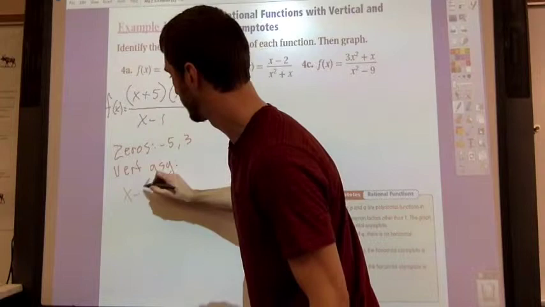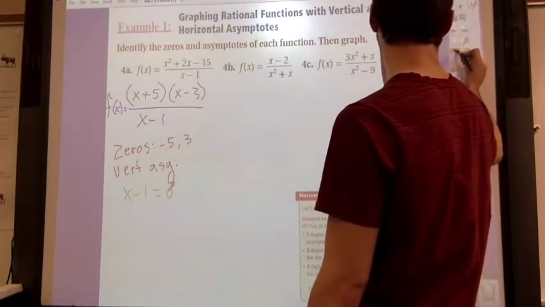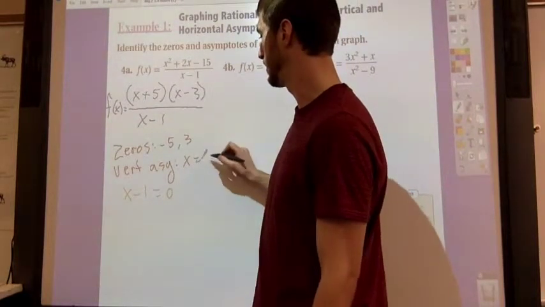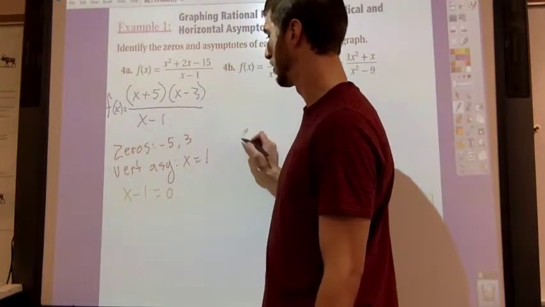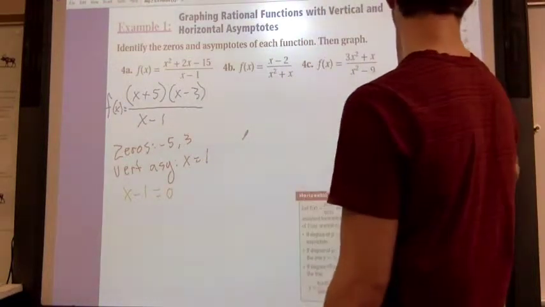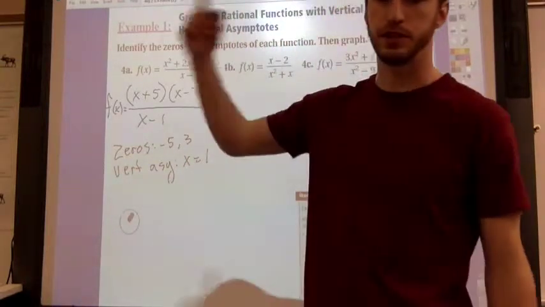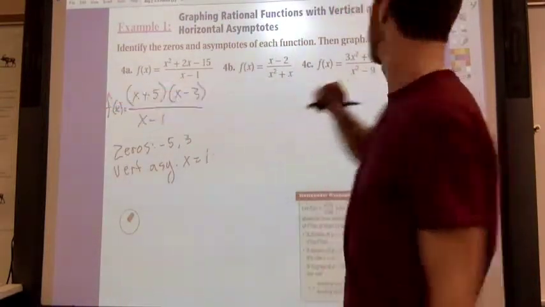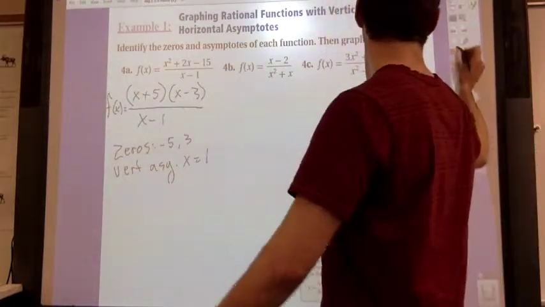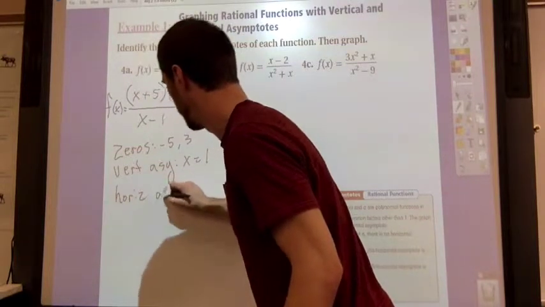We set x minus 1 equal to 0, and I'm going to have a vertical asymptote at x equals positive 1. Okay, and last but not least, and this is the thing that we just talked about a lot on the last slide, is my horizontal asymptotes.